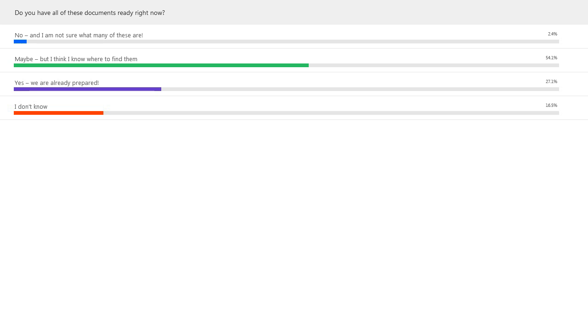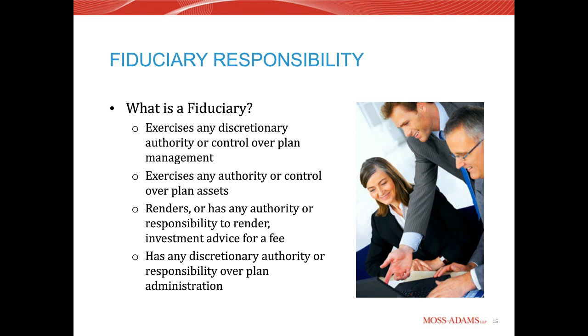Okay, so let's talk about fiduciary responsibility. One of the things that has been fun for me over the last year is that I've become a fiduciary of the Moss Adams plan. I sit on our plans committee, I help review the investments, I look at plan operations, and we select the vendors. So one of the first things I had to ask myself is, what is a fiduciary?